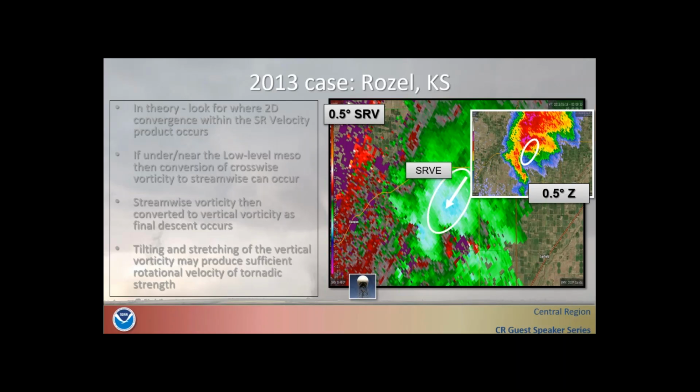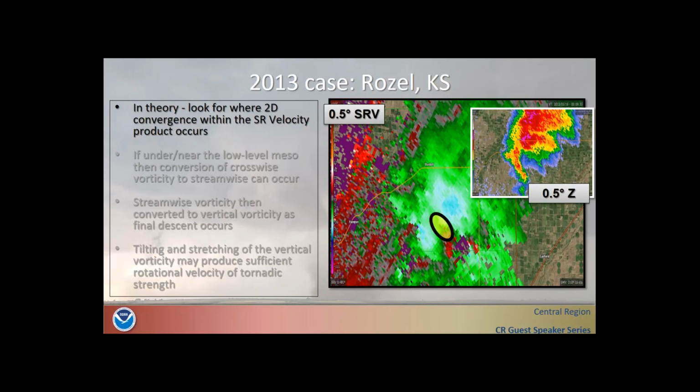As already highlighted here, you can see there's this strong inbound, and we've got the circle also showing where that is in relation to the reflectivity. Now, we just talked about looking for possibly this zone of convergence as an indication of turning. And we do see a pretty strong decrease in the inbound velocity there that is giving us an indication that this airstream is now turning.